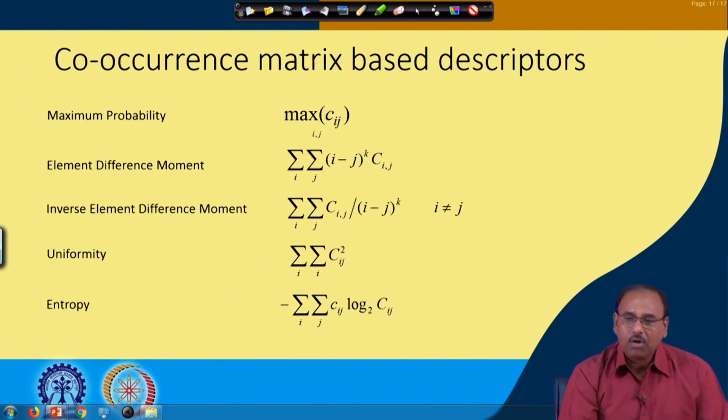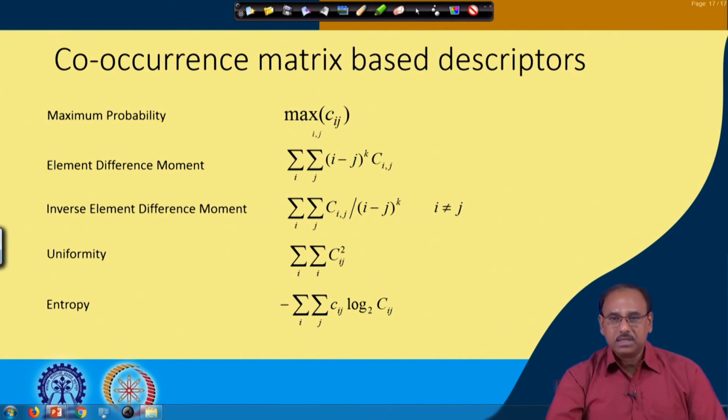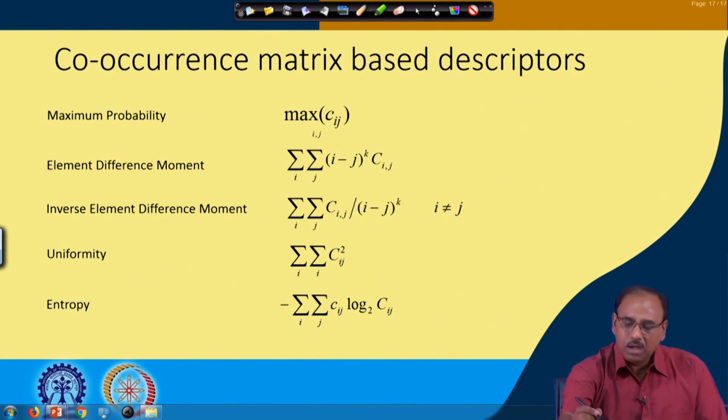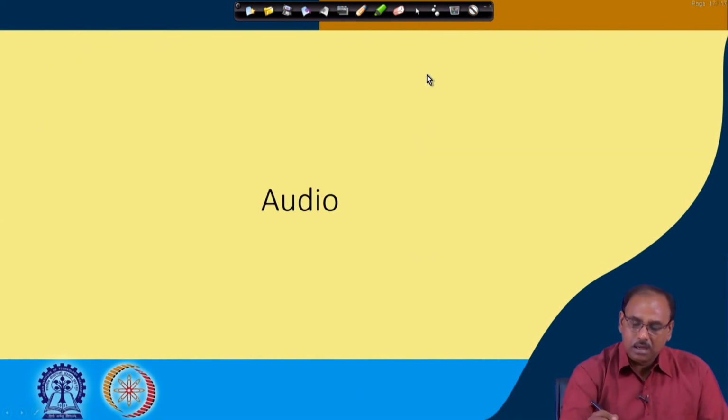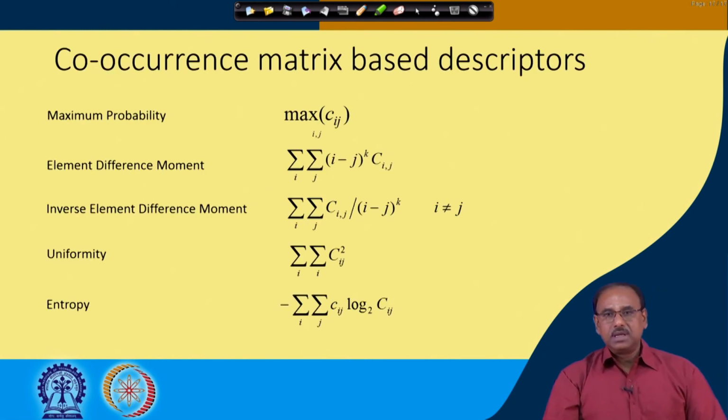So, this is what you obtain from the raw texture image itself. We can also obtain features in the frequency domain. These are the features that we can have in the pixel domain, in the raw image. If I want to compute features in the frequency domain, there are different transformations that can be applied on the given texture image to transform it into the frequency domain, and I can compute different types of descriptors there.